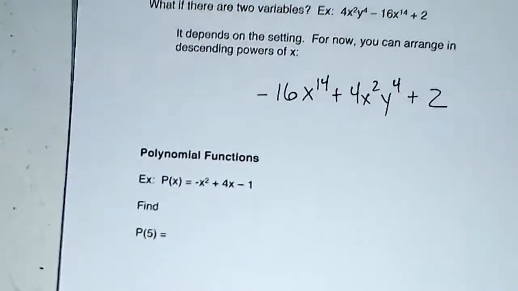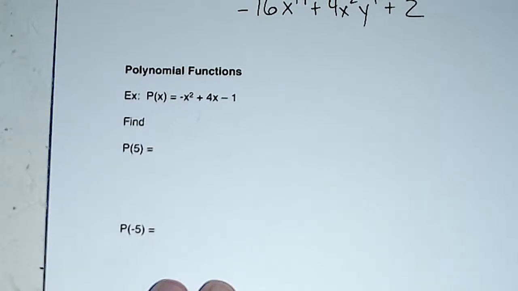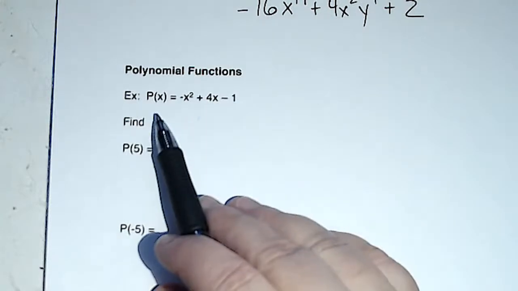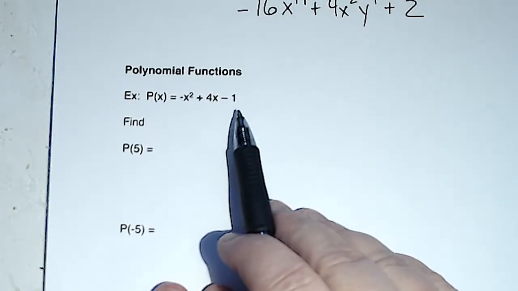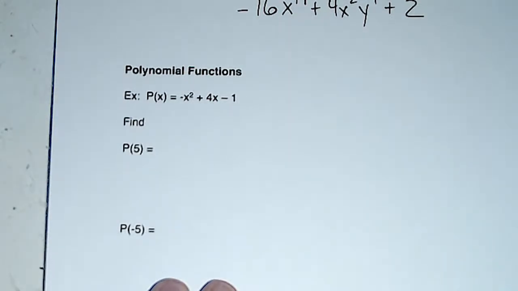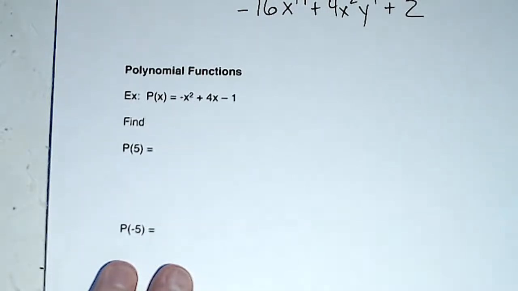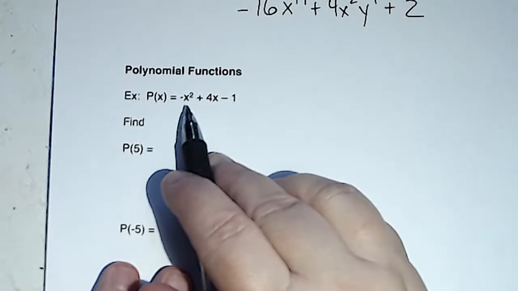Okay, next up. Well, we can't learn about anything without someone having to bring up functions. So now we've got polynomial functions, basically a function that looks like a polynomial. So how do we do this? And the answer is exactly the same way we would do anything else. If I want to find p of 5, then I would go ahead and plug in everywhere I see an x here.